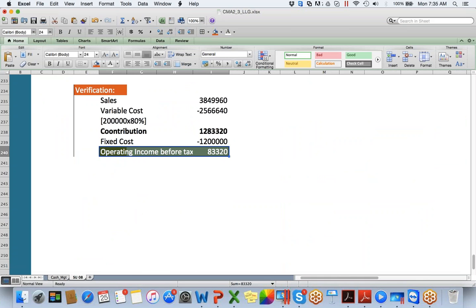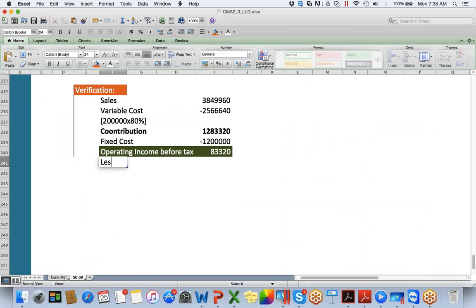Now let us find out the less tax at the rate of 40%. So it is going to be this into 0.4, 33,328.